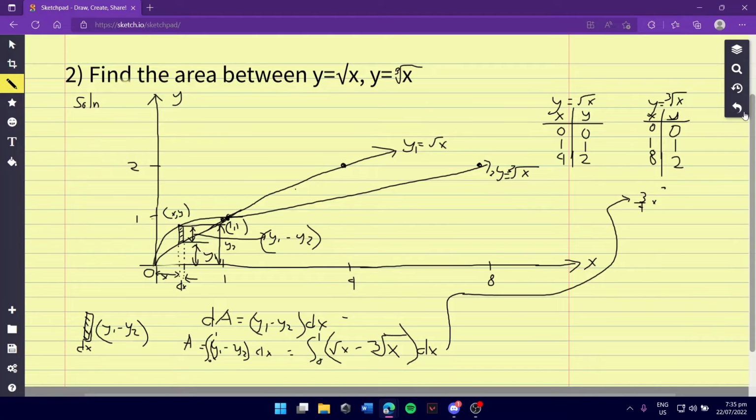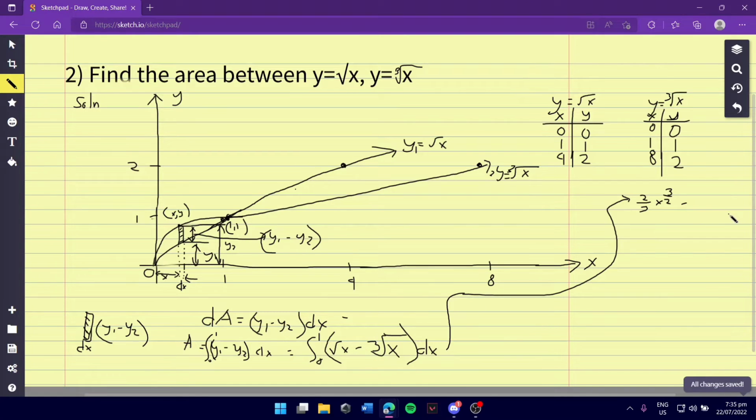Sorry, a mistake. 3 halves, 2/3. I mean, 2/3 x raised to 3/2. So this is now your y1.